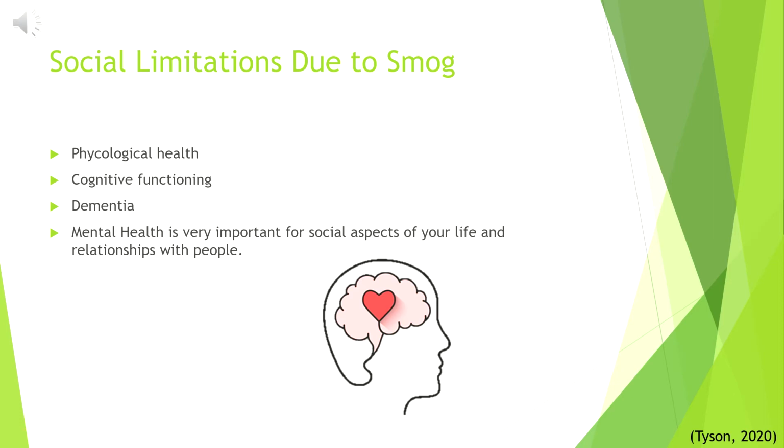Studies in China have shown smog effects on cognitive functioning throughout school-aged kids, with increased exposure leading to a negative post-secondary attainment and earnings over time. Air pollutants can also lead to cognitive disorders like ADHD or dementia. Research surrounding that shows that people who live in areas with excessive amounts of particulate matter have a higher risk of getting dementia by 92%.